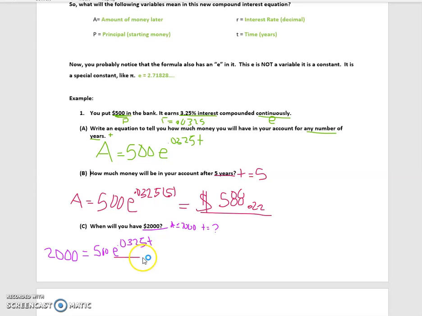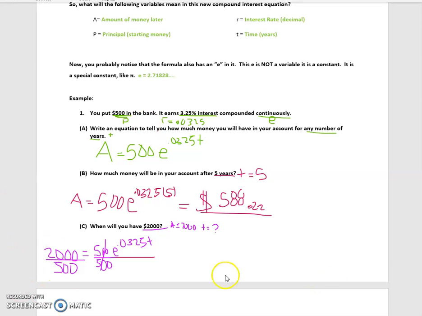Okay. We want to get this part by itself. This is our exponential. We're solving for t, so we need to convert this to a logarithmic form. So our first step is we're going to get rid of this 500. So divide both sides by 500. What you do to one side, you do to the other. This cancels.